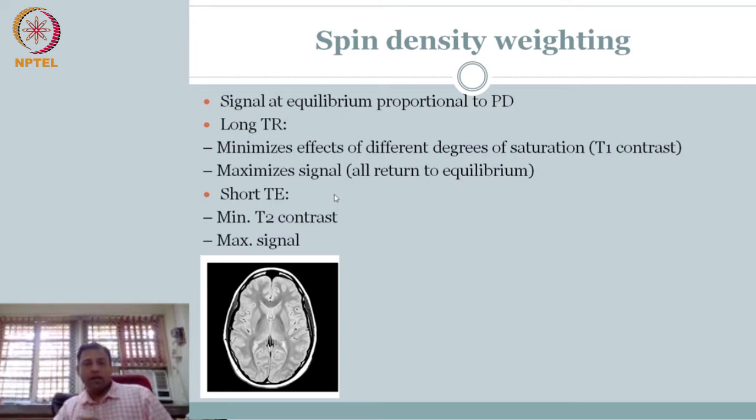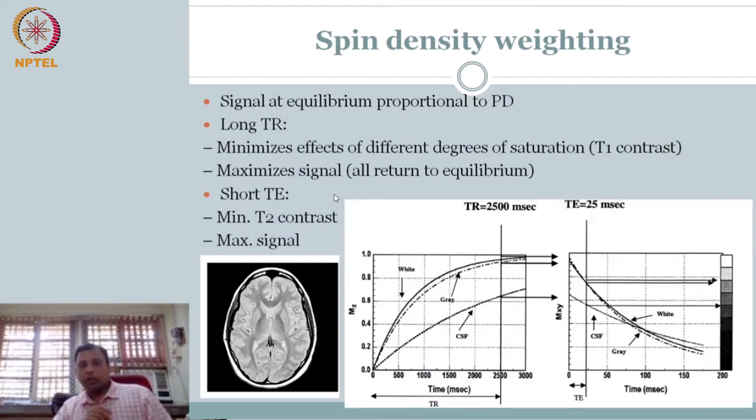the proton density. Okay. So to put it in a picture, these are the two: MZ and MXY, the transverse component and the Z component. If I wait for a long time, what happens? I have different materials. Each one has its own time constant T1 to build up. So I'm waiting for a long time. That way, I don't have to consider the effect of T1.